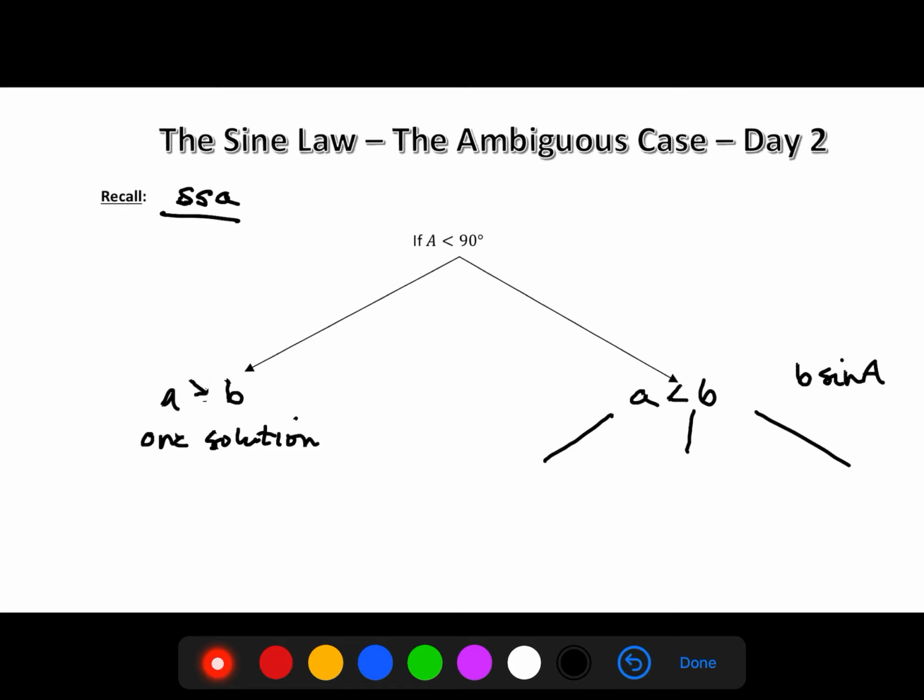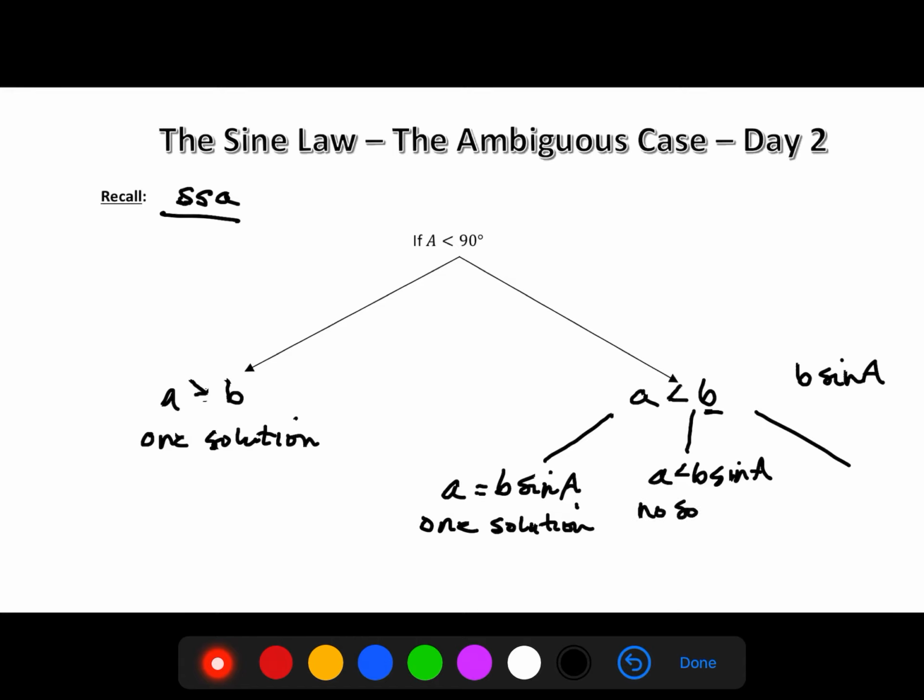If A is less than B, so A is shorter than B, now we have to compare it to B sine A, so side B times the sine of the angle. If A is equal to B sine A, we have a right angle triangle. Side A is the height of the triangle, and there is one solution.